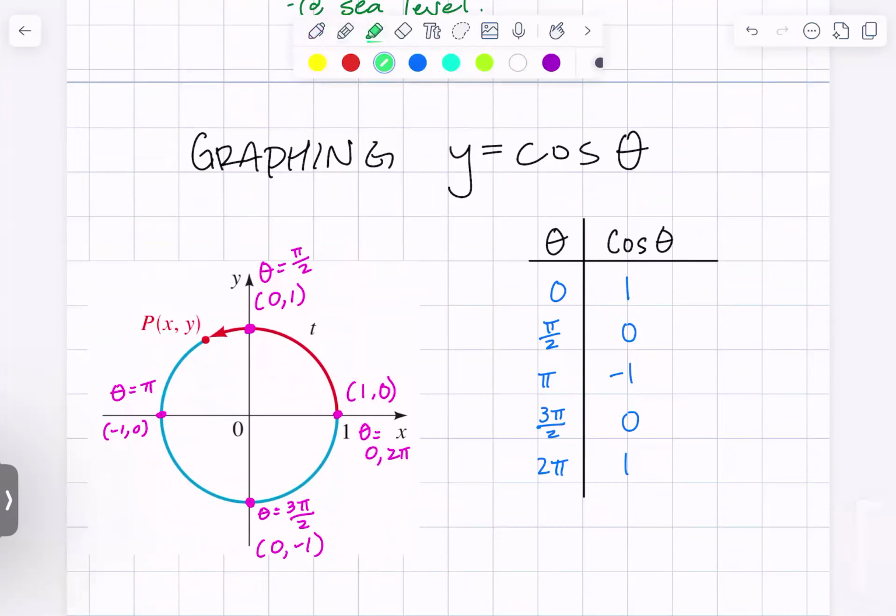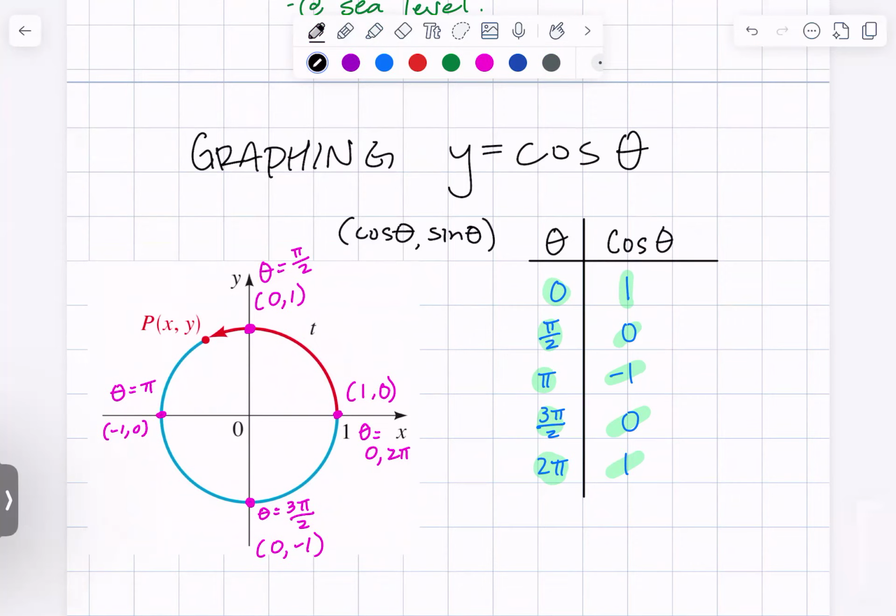So I have my quadrantal angles at 0, pi over 2, pi, 3 pi over 2, and 2 pi. That's my x coordinates. My cosine values, if I look at my x's at those points, are going to be 1, 0, -1, 0, and 1, right? And we have to remember the unit circle is going to be cosine theta, sine theta.